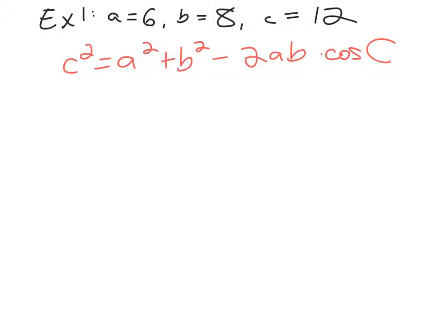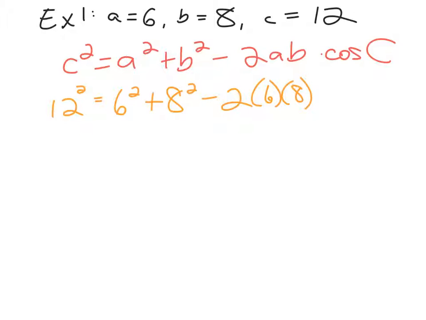That leaves me with 12 squared equals 6 squared plus 8 squared minus 2 times 6 times 8 times the cosine of angle C. And that's the piece that we're actually looking for here.